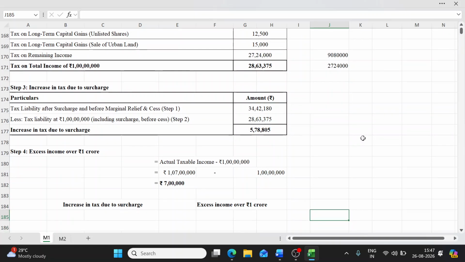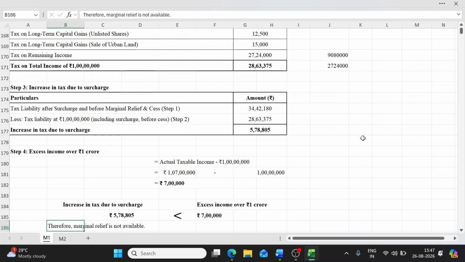So if you compare that increased income in excess of 1 crore with the surcharge, the income over 1 crore is more than the increase in tax due to surcharge, right? So there is no need to give marginal relief.